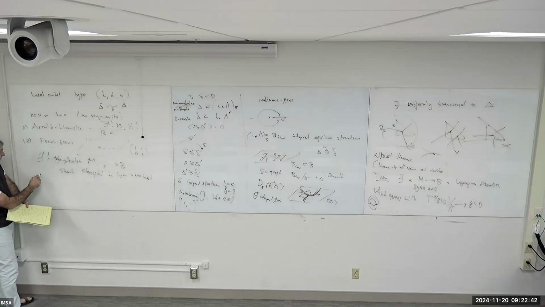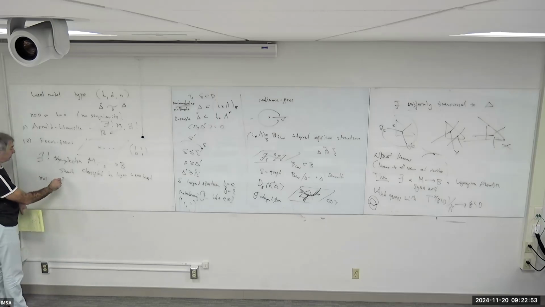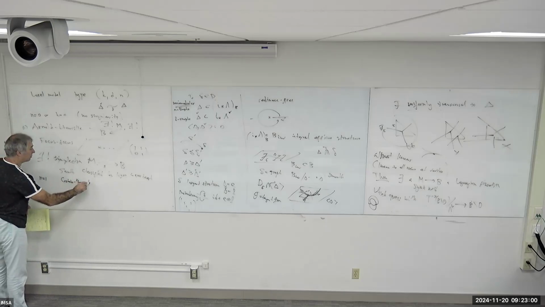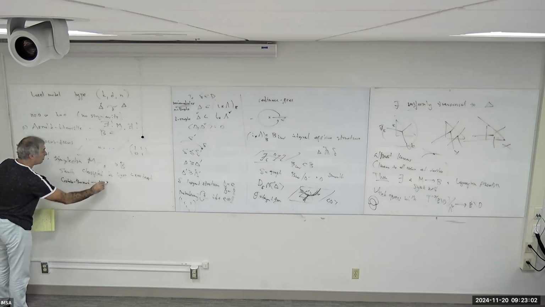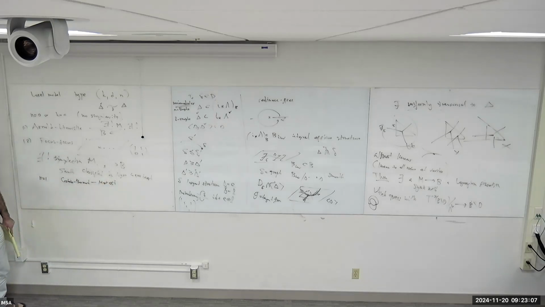The case of n equals 1 was done by Castaño-Bernard and Matessi. They also did some work for the so-called k equals 1, n equals 2.